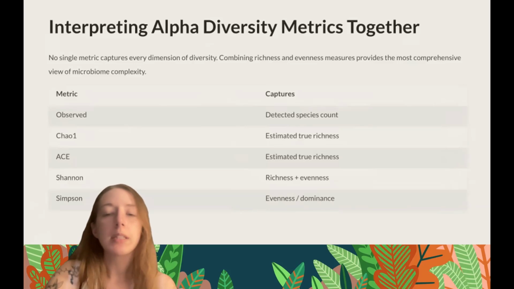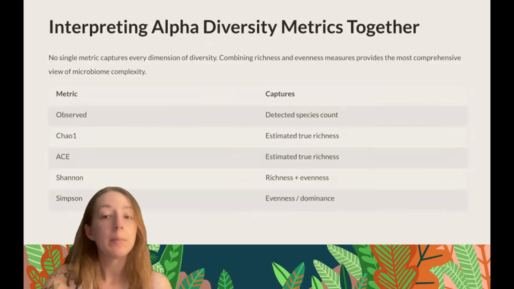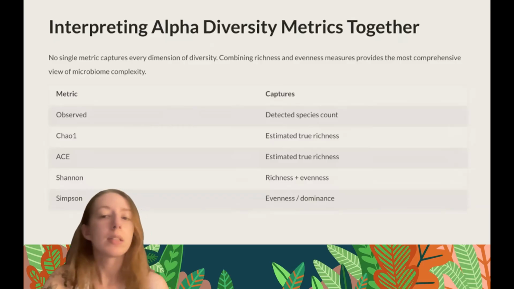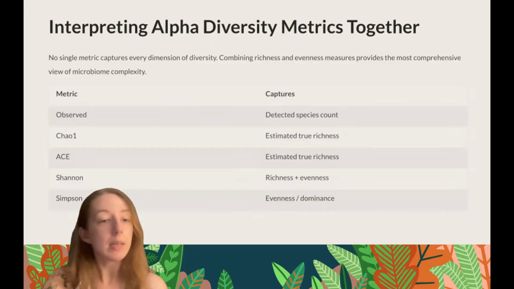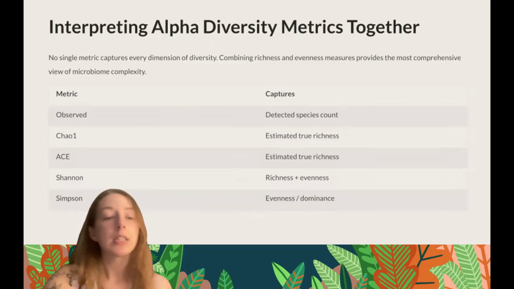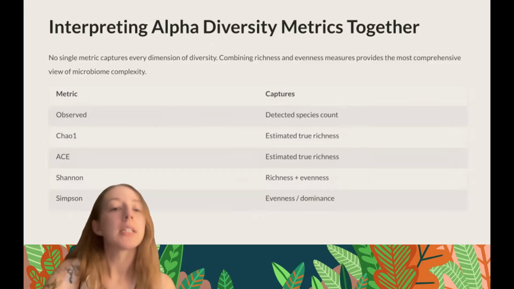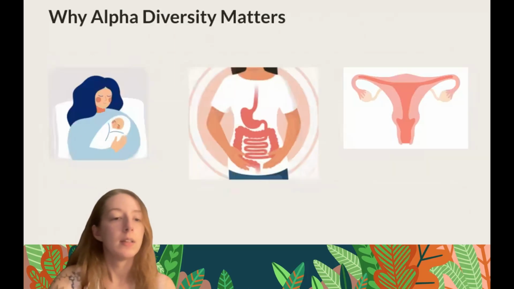So some things to think about, like if richness is dropping, but then the Simpson value is stable, that means that maybe rare taxa are being lost in that case, and the dominance isn't necessarily changing. But if richness is stable and Simpson is drifting, then dominance might be changing in that case. These little distinctions could make a big difference in the biological interpretation.